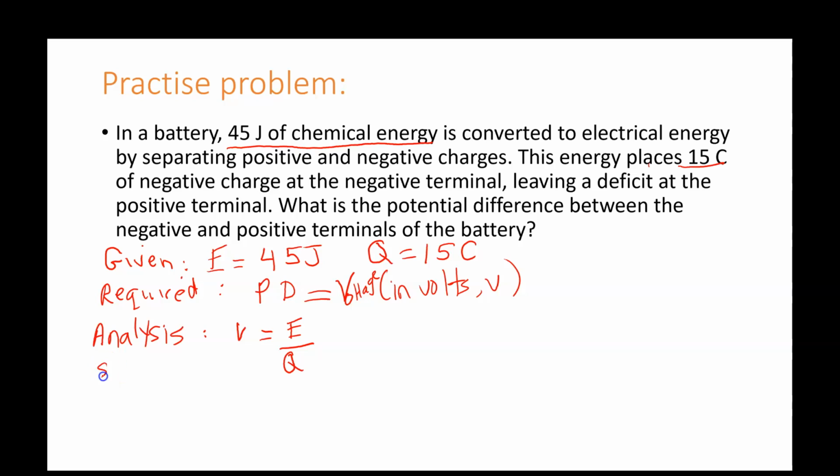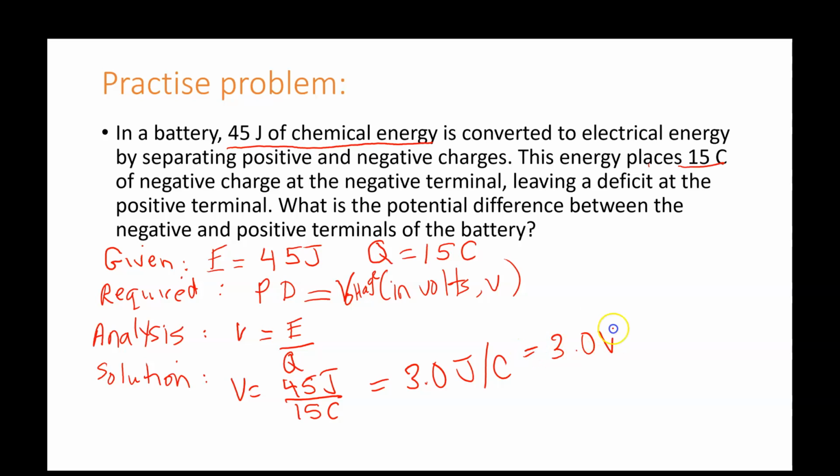Okay, and then the solution, we plug in our values here. V is equal to 45 joules over 15 coulombs, which is equal to 3.0 joules per coulomb. And we can write this as 3.0 volts, okay?